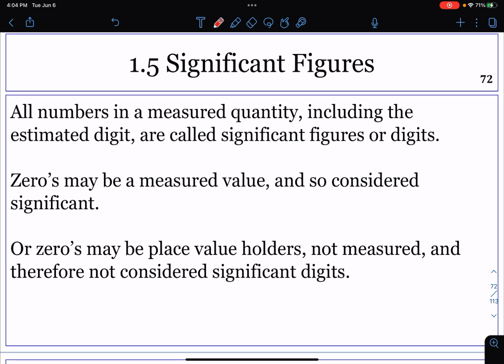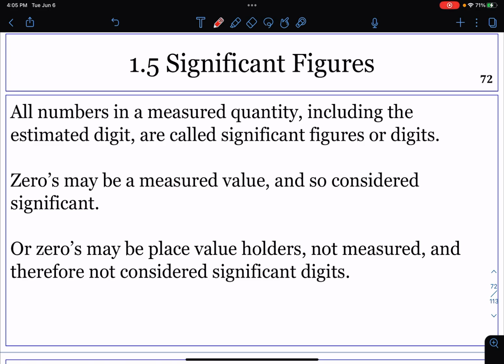The numbers of measured quantities, when you measure on a digital scale or graduated cylinder or a ruler or something like that, unlike defined or counted numbers, are not exact numbers. All of the digits in a measured number, including the last estimated digit, are considered significant figures or significant digits.